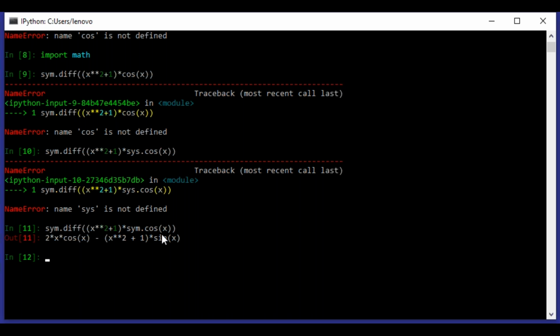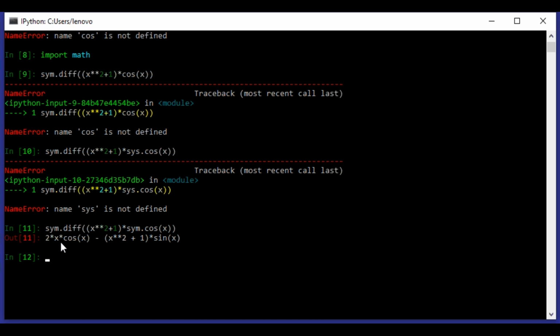Here, if it is in the form of a product of two functions, then we get the answer as 2x cos x minus x square plus 1 into sin x.